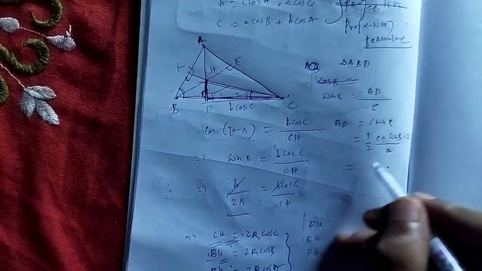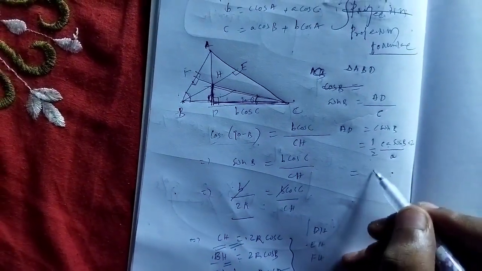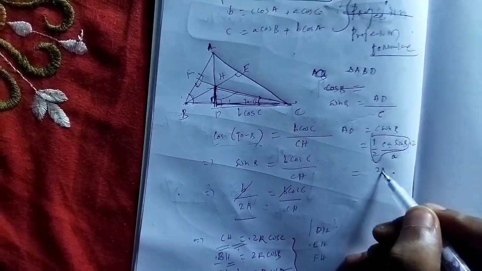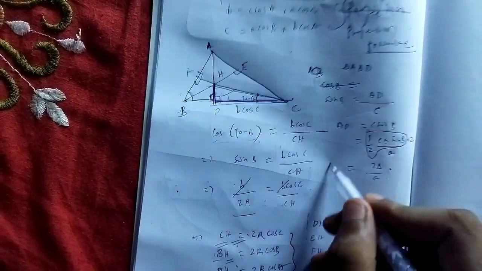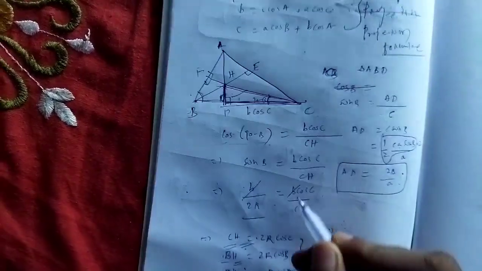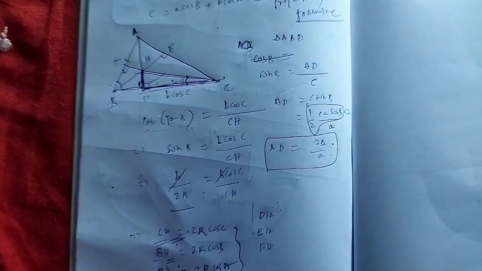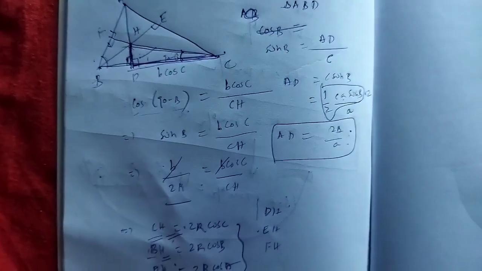Half ca sin B will be delta, so 2 delta by a. The length of the altitude through A is 2 delta by a, through B is 2 delta by b, through C is 2 delta by c. We can prove it. It's pretty simple, right?